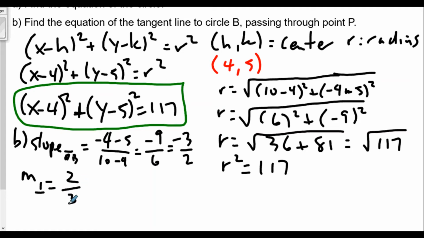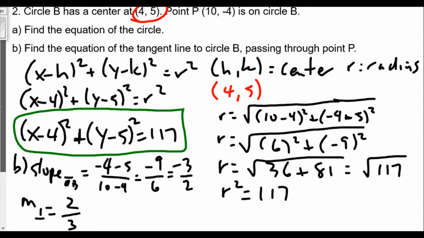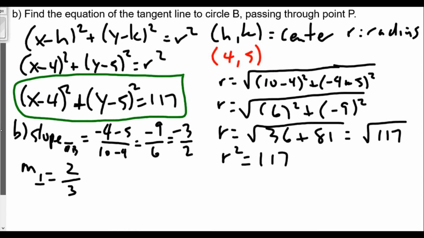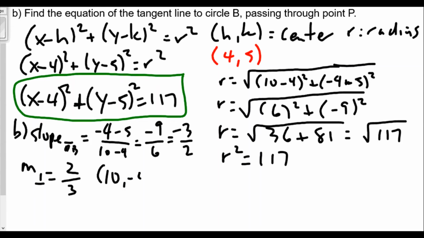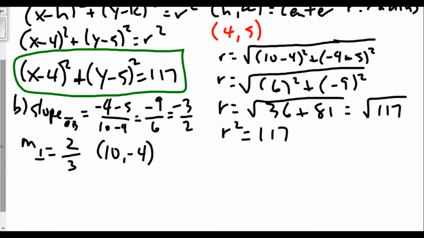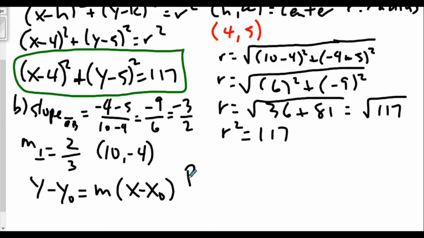Now we're passing through point P, which is (10, -4). We're going to use the point-slope form of an equation of a line, which is y - y0 = m(x - x0). This is the point-slope form.